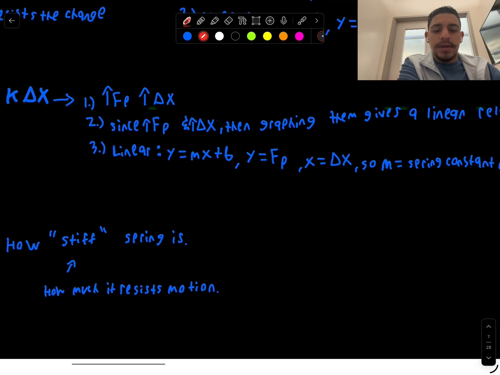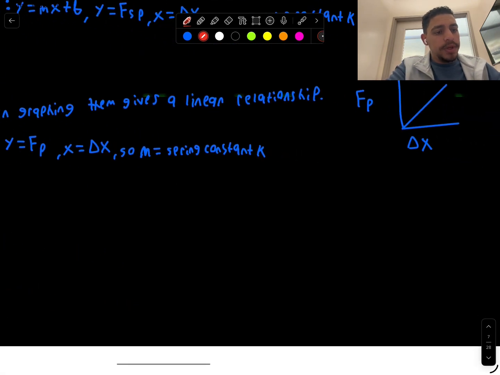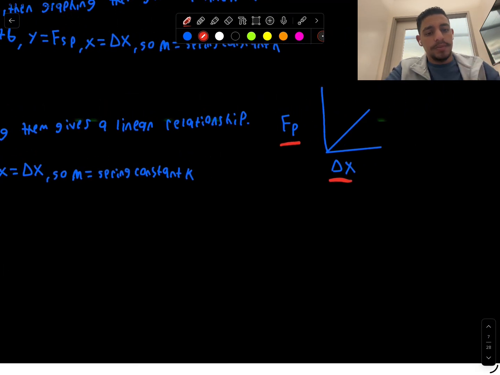And since those two are both directly proportional, you can get another linear relationship. That's what we show over here. I did use the same graph for both because it's the same relationship.